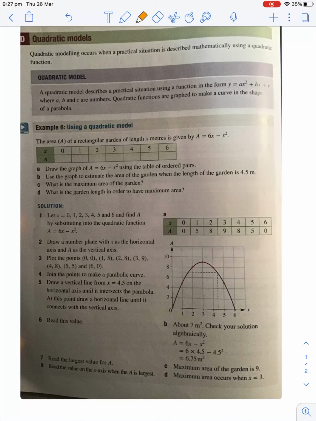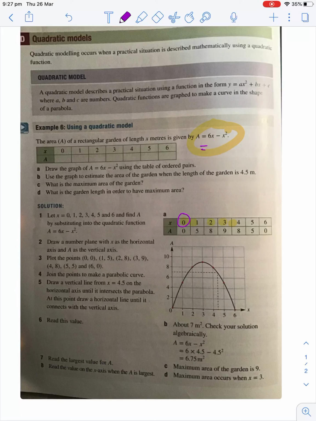Okay, so when we substitute our values of x into the equation, we get our values for A. It's just typical substitution. Quickly showing that, for the first one, when x is 0, we've got 6 times 0, take away 0 squared, and that is going to be equal to 0. So that's how we get a 0 down there.